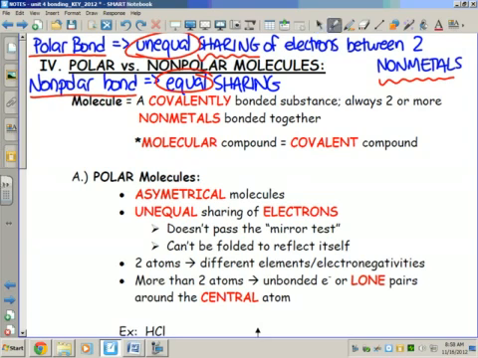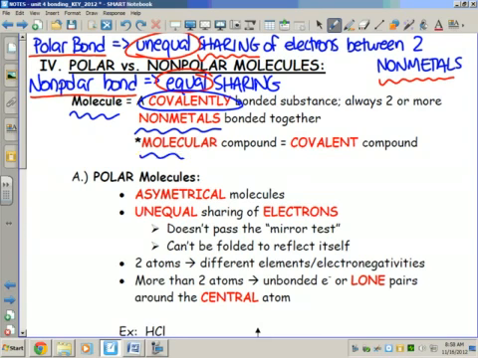I'm going to review a little bit here because I can't stress these terms enough. Molecules are covalently bonded substances. We said there are 4 scenarios for having an ionic compound, only one for having a covalent compound, and that's when you have 2 or more nonmetals.